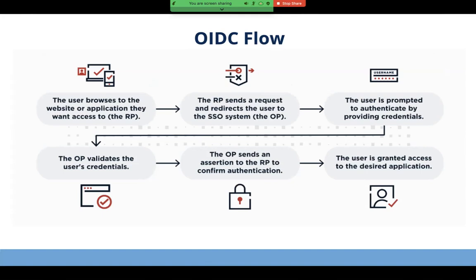The user is prompted to authenticate with their credentials. The provider validates the user's credentials, sends the assertion, another name for that is claims, to the relying party to confirm authentication, and the user is granted access to the desired application. This is a simplification of what happens, but generally will hold true for our remaining discussion.